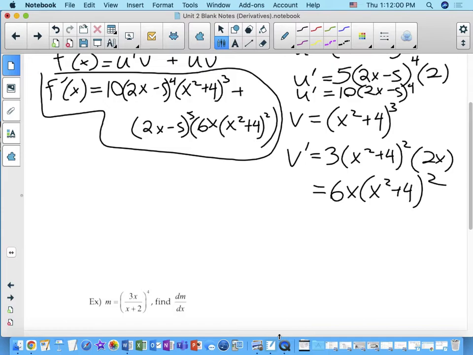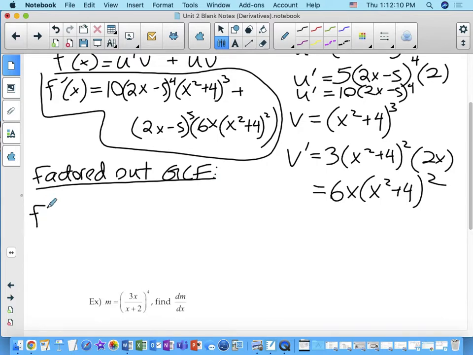Okay? So if we factored out a GCF, then f prime of x would be, okay, so between the 10 and the 6x, there's a GCF of 2.